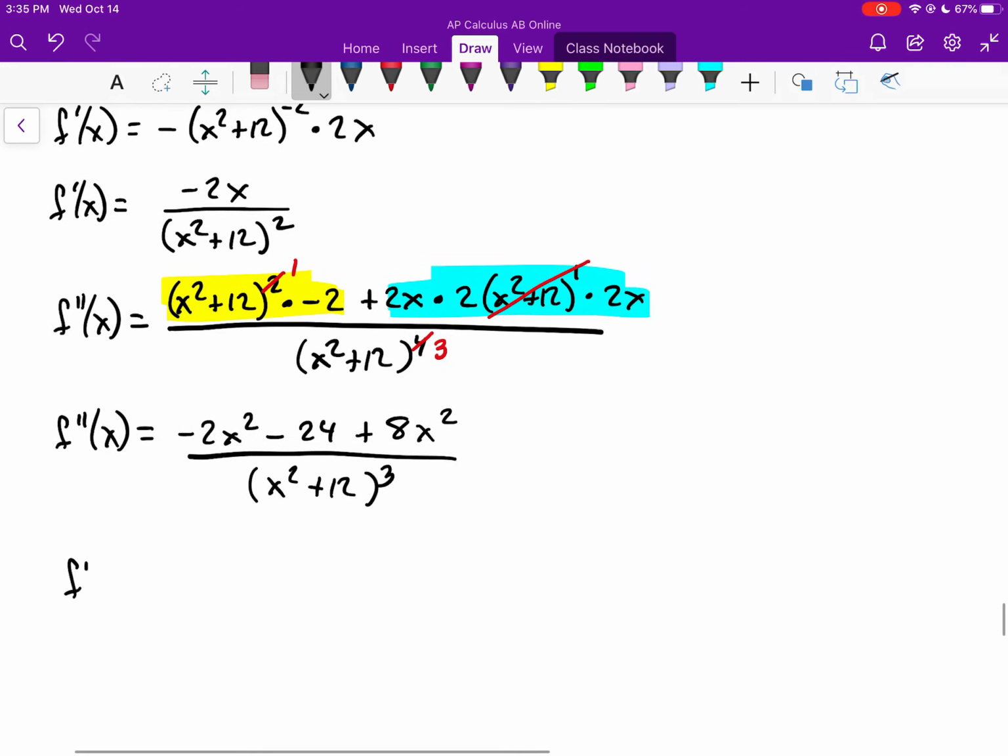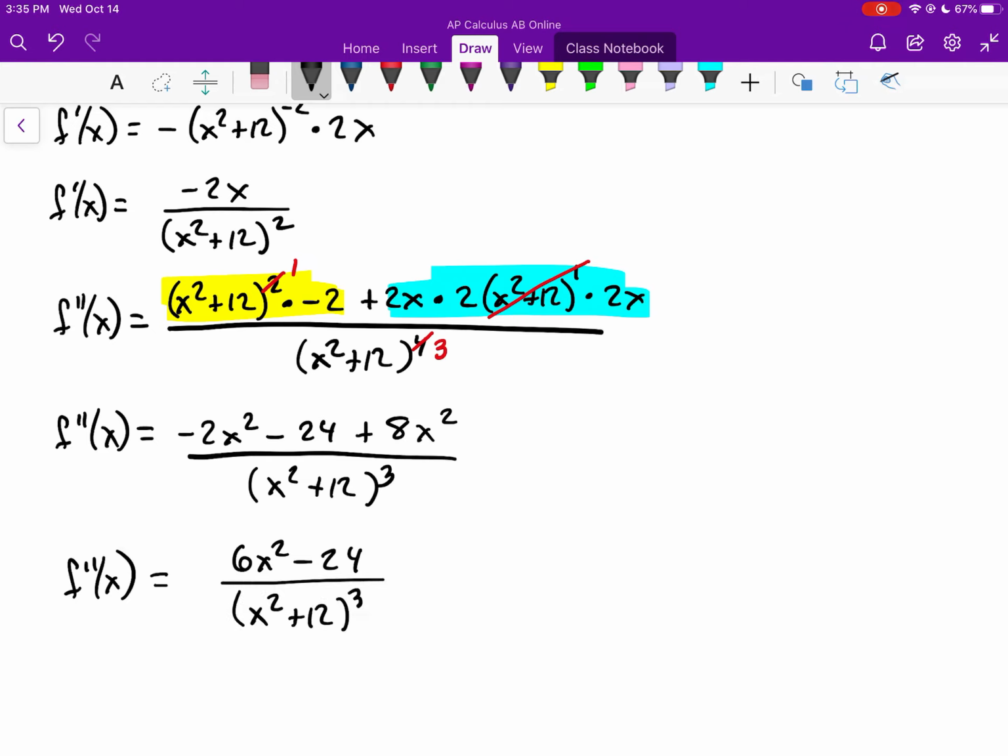Combining like terms, this is going to give me 6x squared minus 24 all over x squared plus 12 cubed. Let me look real quick. Yep, that looks good. And so at this particular point, I have my second derivative.